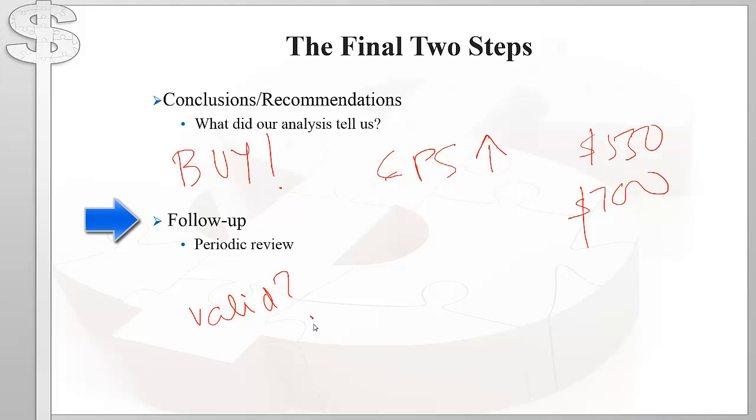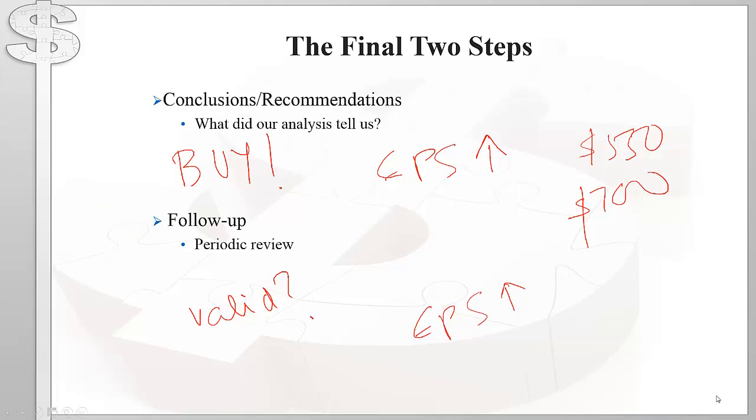Has Apple launched a new product which is expected to further enhance its EPS? Is the stock price still below the intrinsic value, or is the security currently overvalued? As part of following up, we might have to go back and perform all of the 6 steps of the financial statement analysis framework again.